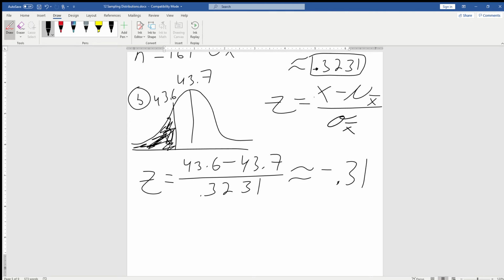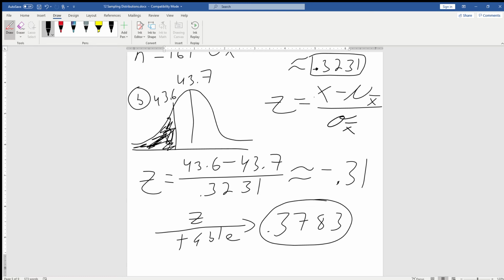Now I'm going to convert that using our z-table. The z-table for negative 0.31, if I look that up correctly, and again you should verify this, is 0.3783. At the end, I will type out what these actually mean with respect to the context of the problem.